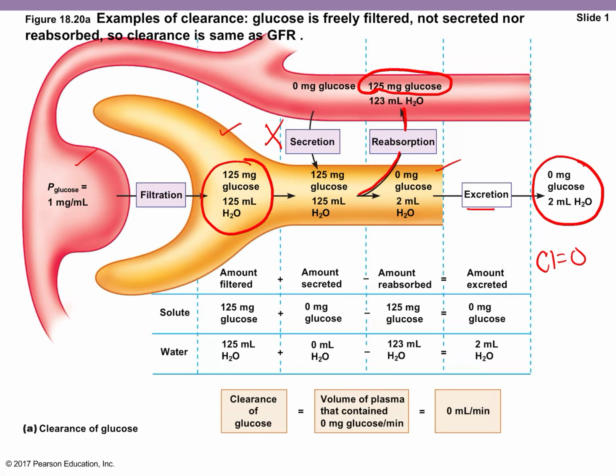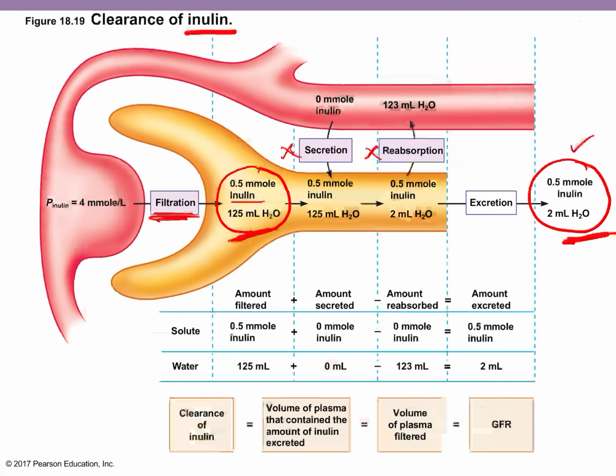So clearance is a way of just looking at your kidney function, because there's no way you can sample from the Bowman's capsule. There's no way you can sample from the glomerulus. What you can do is sample the blood and sample what's in the urine. So you look at the two amounts, what's in the blood versus what's in the urine, and you can calculate excretion rates, and you can also calculate clearance.